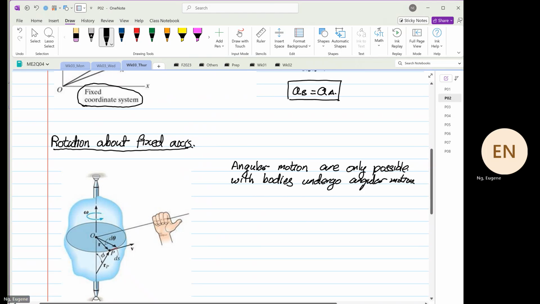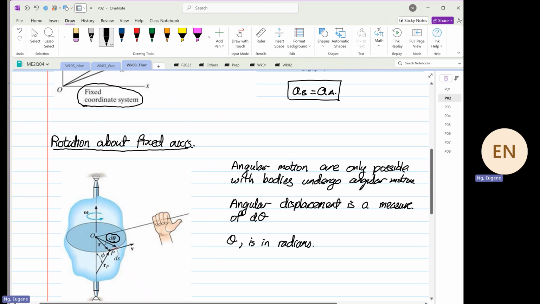So angular displacement is a measure of theta, right? Where theta is in radians. So this is d theta over here.